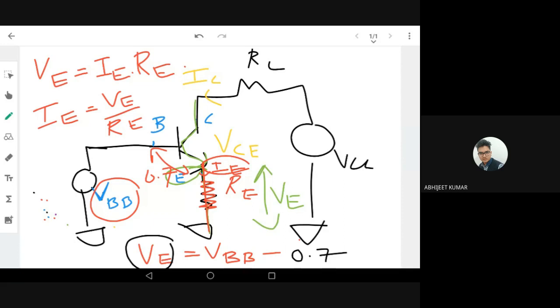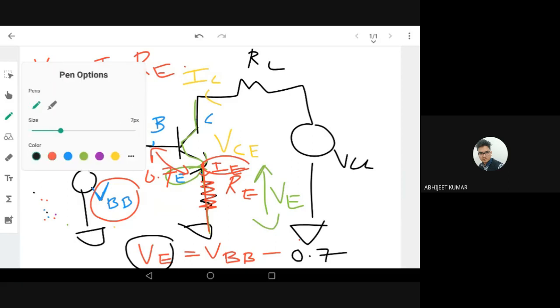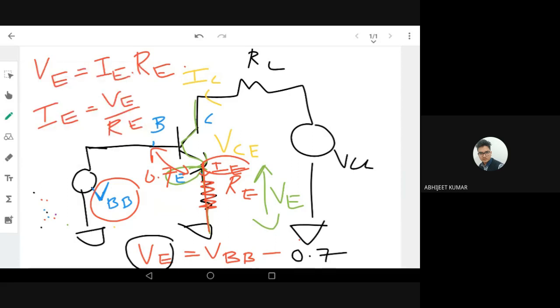Now the next point is how to calculate IC from IE. For all practical purposes, note this very important step: IE is approximately equal to IC. This is one simplification we can apply in any BJT transistor circuit.